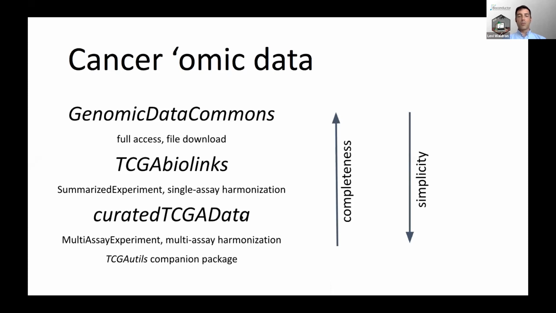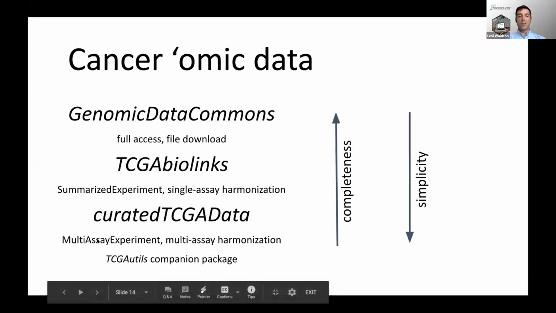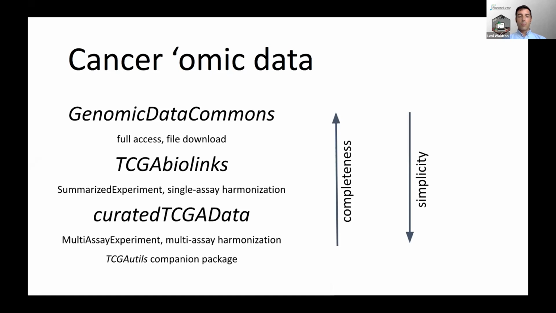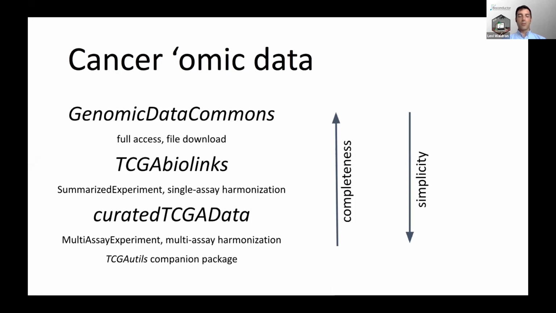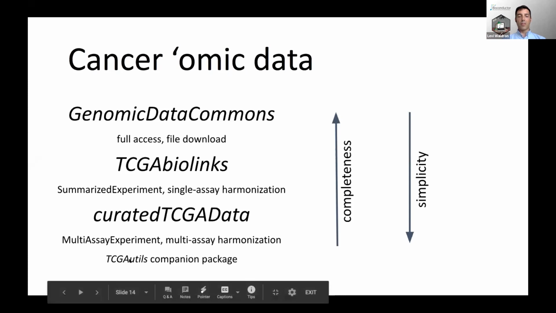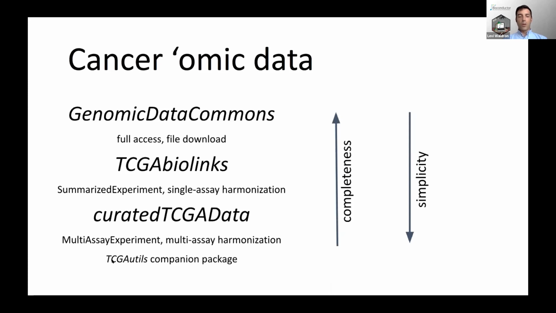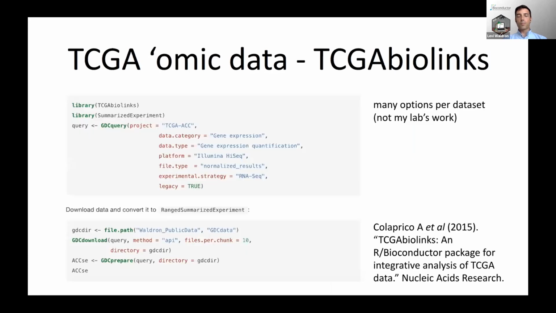And I say it's the most simple because it provides a single object, a MultiAssayExperiment, that can contain all processed data for a single cancer type, or it can harmonize the data across multiple cancer types into one object. And along with the TCGAutils companion package, it makes it quite straightforward to do a lot of common analyses with the Cancer Genome Atlas.